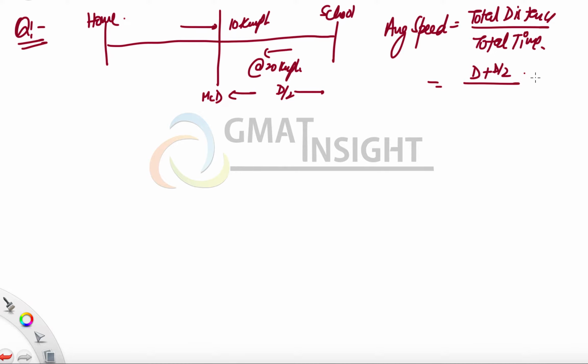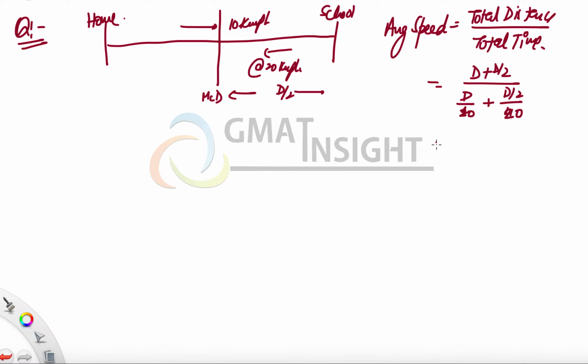While going forward, the total time taken can be calculated by the distance over the speed. While coming back to McD from school, the total time taken can be calculated by d by 2 divided by 20. Here the speeds are 10 and 20.